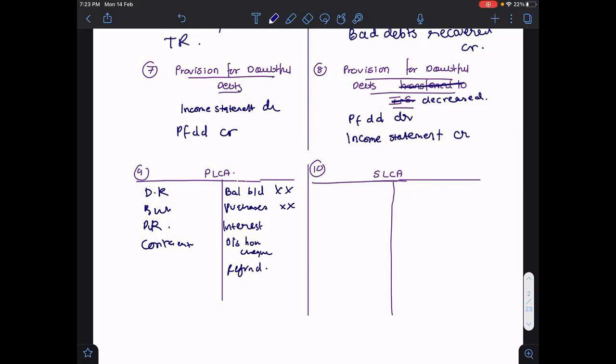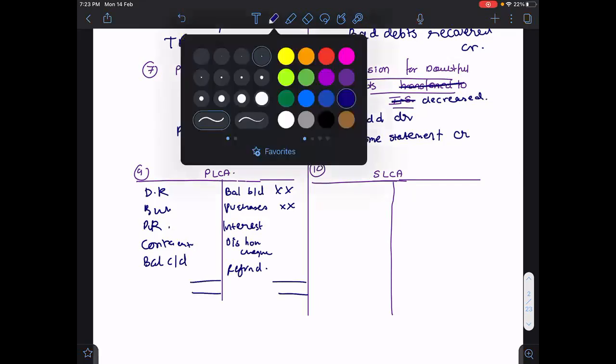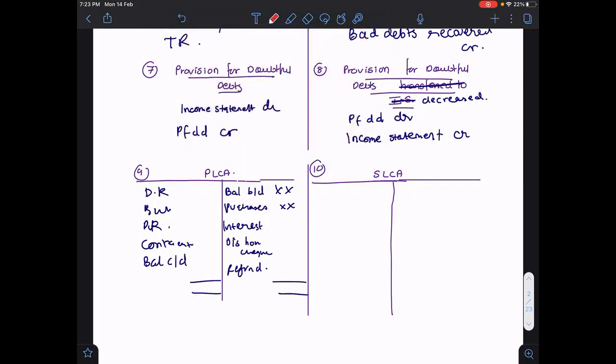If carriage inward will be there, it will also come on the credit side. Closing balance PLCA का किधर दिखेगा? Debit side. Sometimes the PLCA may also have a debit balance. That is an unusual balance.